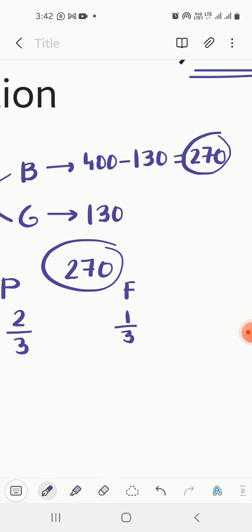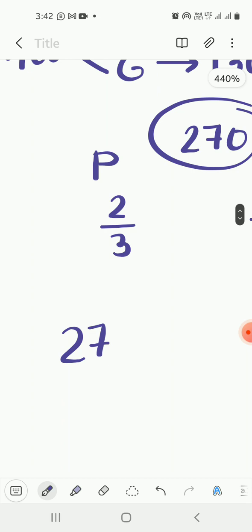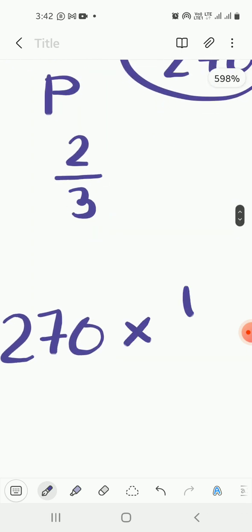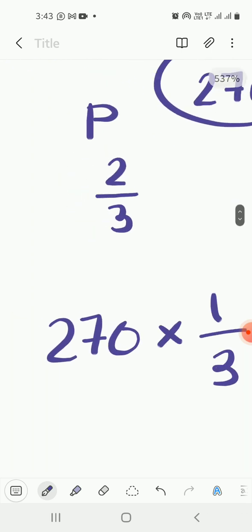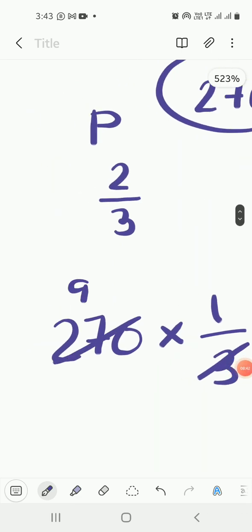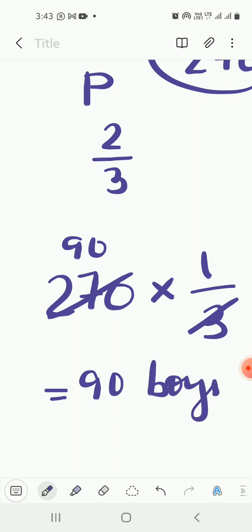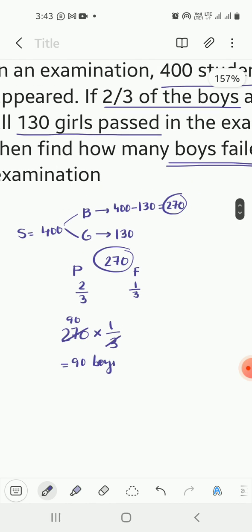So simply we have to find 1 by 3 of the total number of boys. So 270 is the total number of boys, out of which 1 by 3 have failed. Calculate it. 90 boys have failed the examination. So this is the answer to the question.